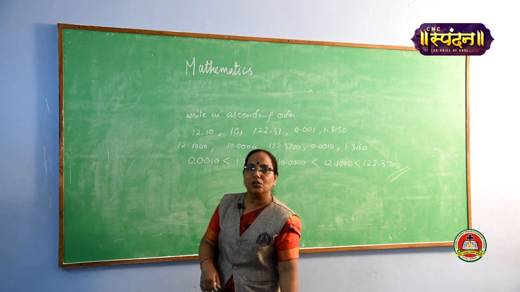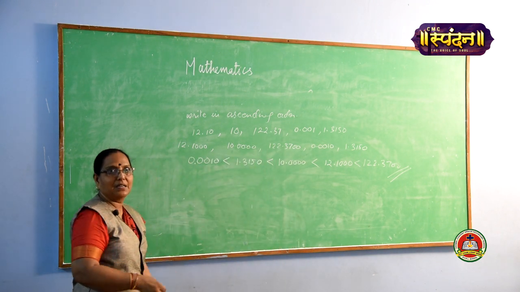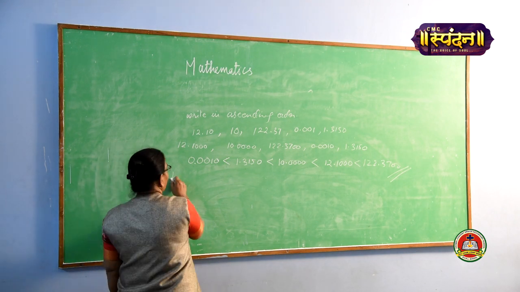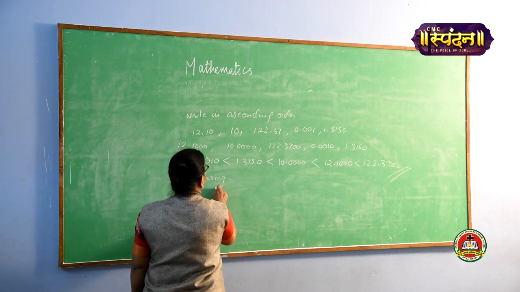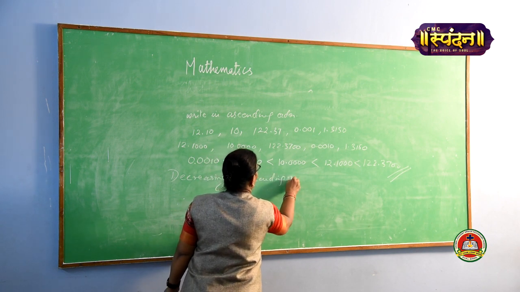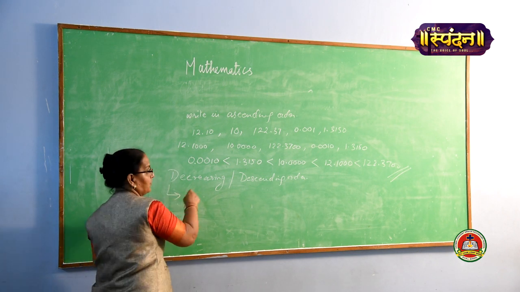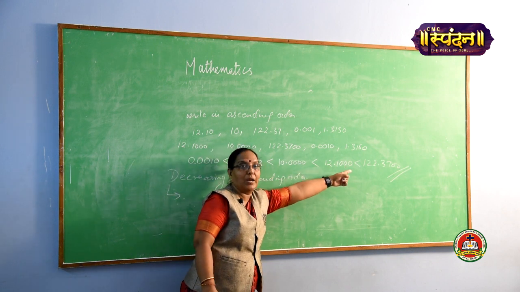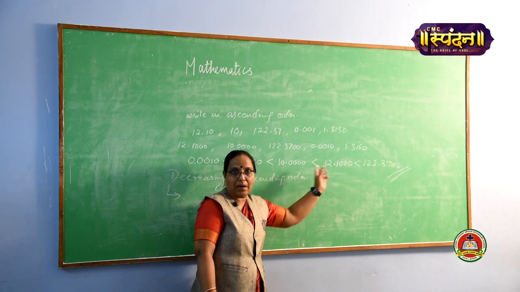Similarly, if they want to know, write in decreasing order. So you know how to write in decreasing order. Decreasing order or descending order, the meaning is the same. For that you have to write the greatest number first. Out of these, the greatest number is 122.3700, because the whole number part of it is greater than all the numbers.